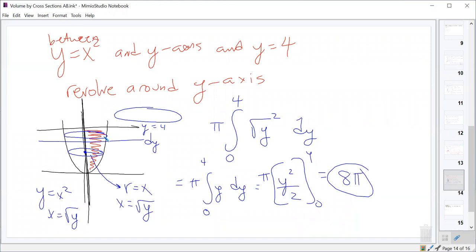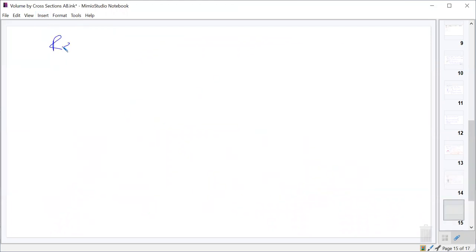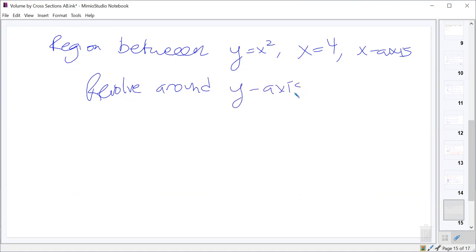Wonderful. Okay, now it's even more fun. Let's take the region between y equals x squared, x equals 4, and the x-axis. And we're going to revolve around the y-axis.